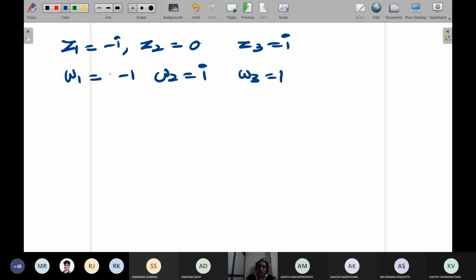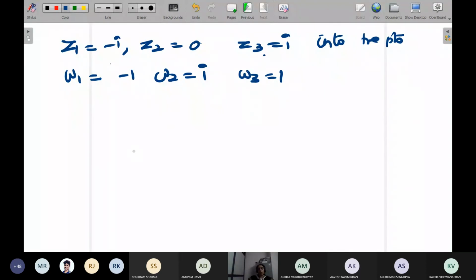I didn't complete the question. Find the bilinear transformation that maps the points Z1 equal to minus I, Z2 equal to 0, and Z3 equal to I into the points W1 equal to minus 1, W2 equal to I, W3 equal to 1.